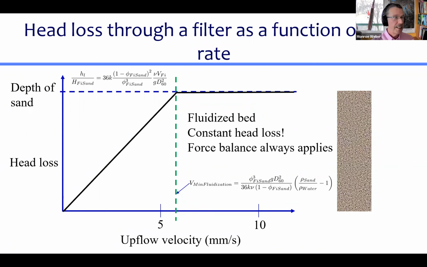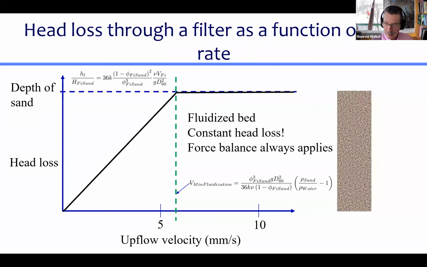And so head loss starts out at 0. And then as we increase velocity, the Carman-Kozeny equation applies, and we're just increasing the filtration velocity. And the Carman-Kozeny equation says that the head loss is going to be proportional to the velocity. So we get this straight line.